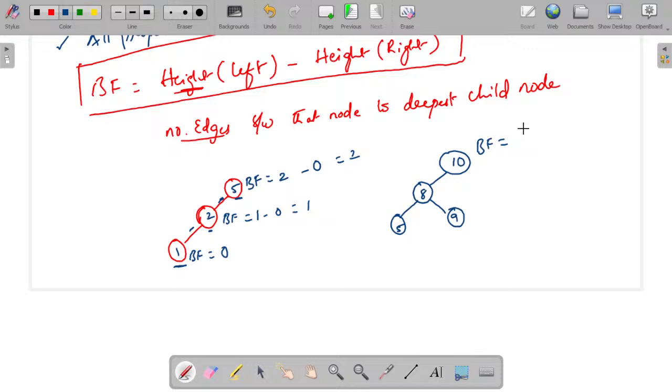What is the balance factor for 10? You can mention your answers in the comment section.